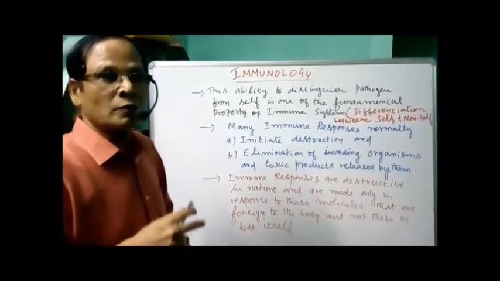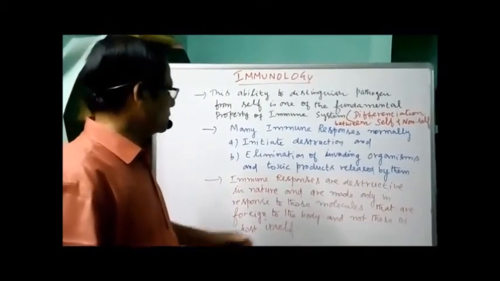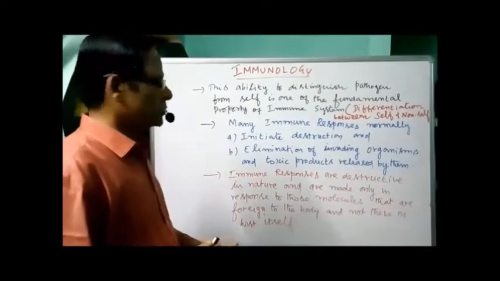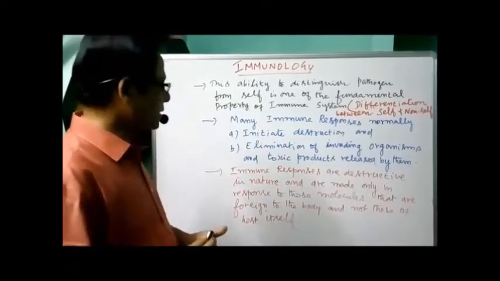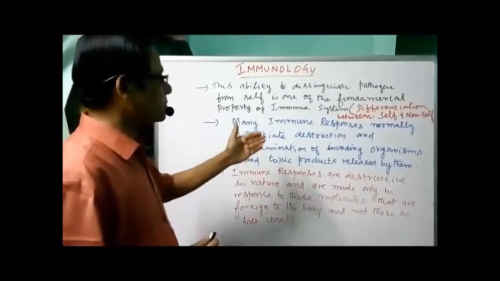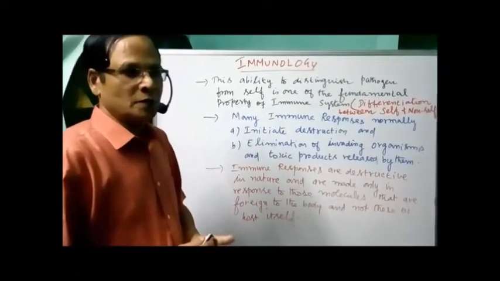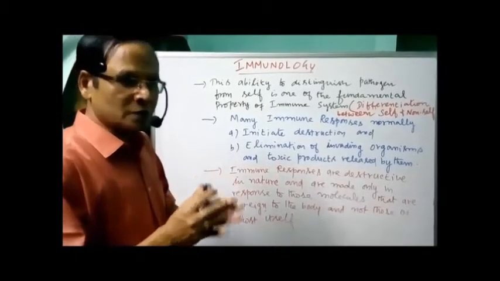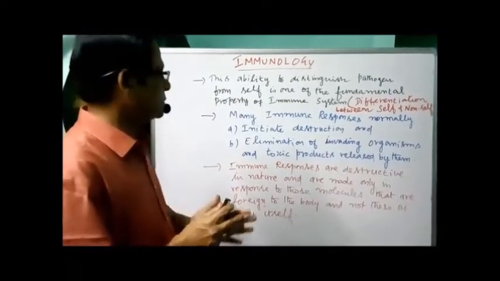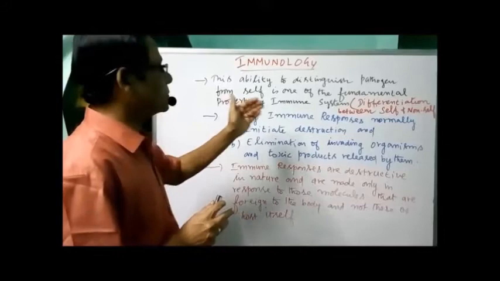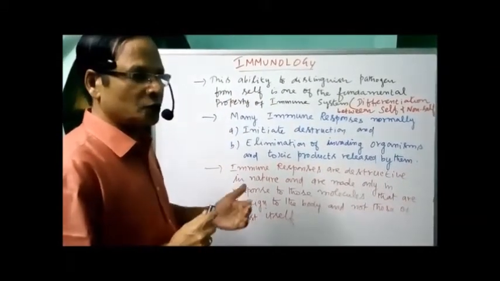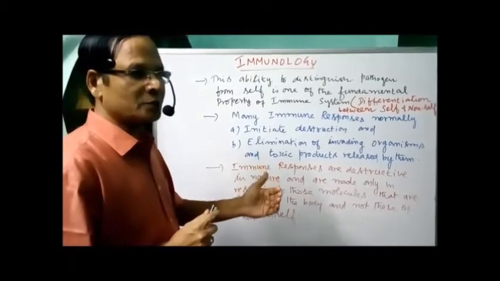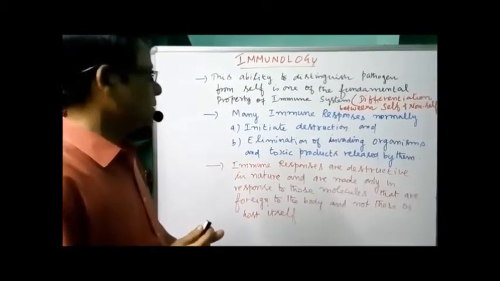Their products are always highly toxic, so they should be eliminated. So they are responsible for the elimination of invading organisms as well as the toxic products released by these microorganisms. These are the two important consequences of immune responses: one, initiate the destruction; two, elimination of organisms and their toxic products.